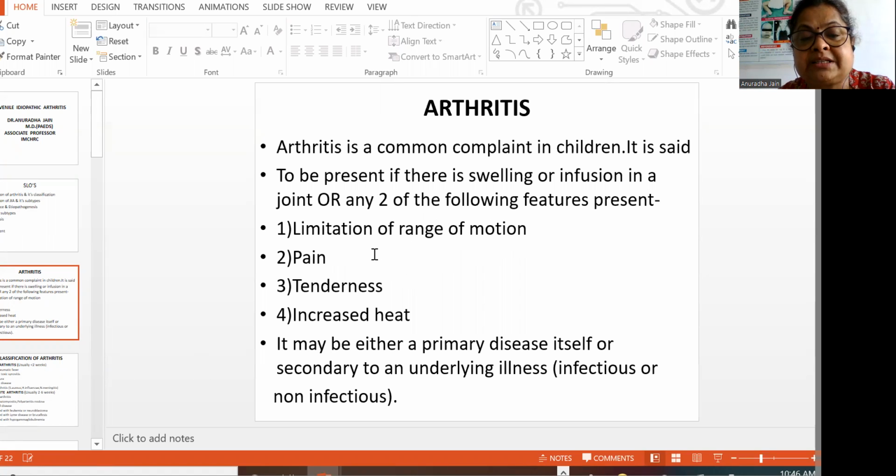Number one is limitation of range of motion of that joint. Second, there should be pain. Third, there should be tenderness. Fourth is increased heat. If any two out of these four are present, you can call it arthritis. And it may be either a primary disease itself, or secondary to an underlying illness, infectious or non-infectious, like infective arthritis also.